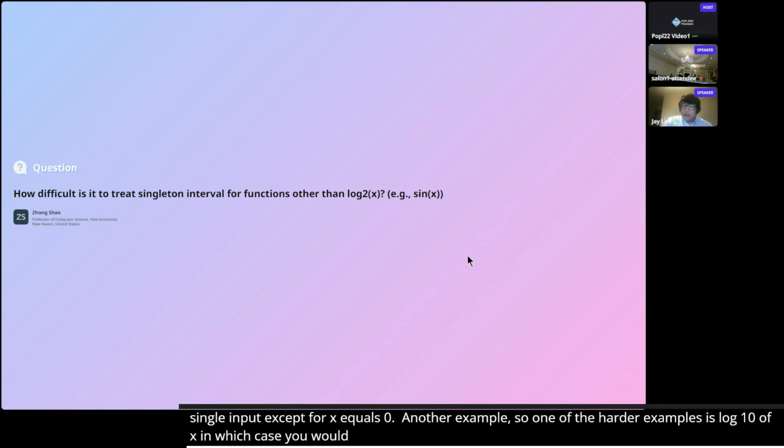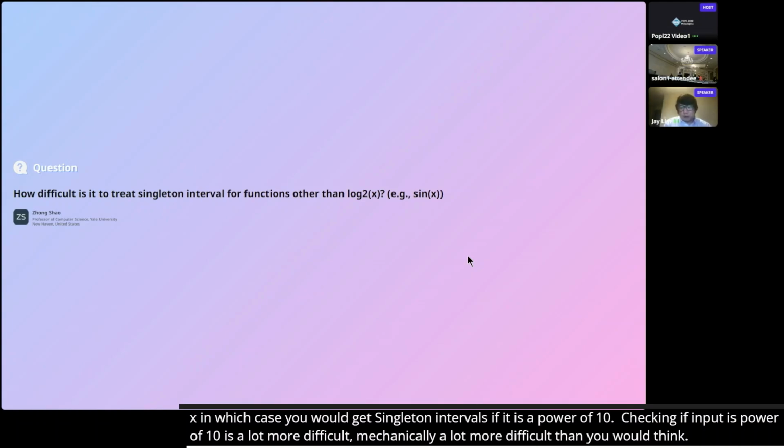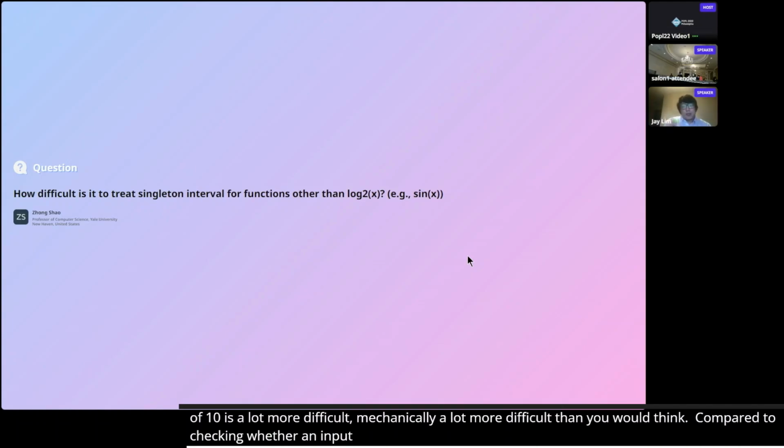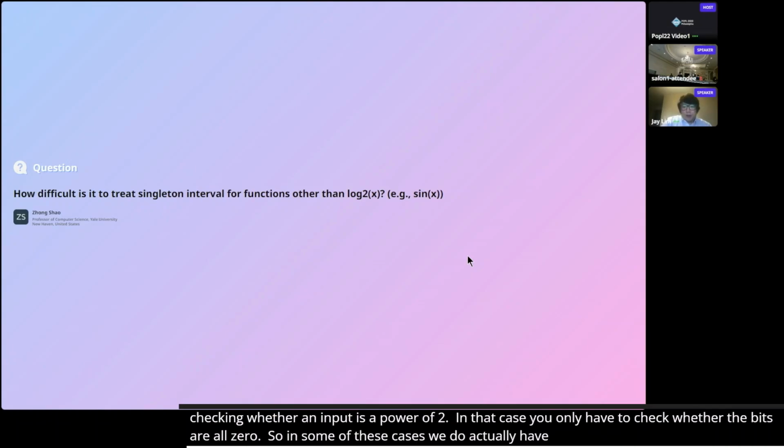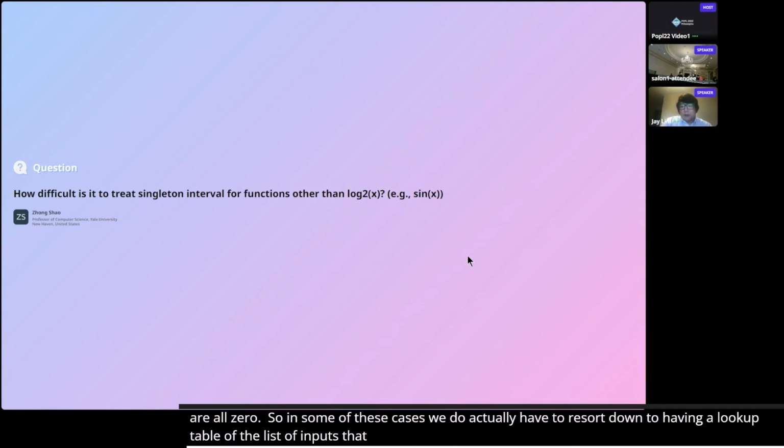Checking whether an input is a power of 10 is mechanically a lot more difficult than you would think, compared to checking whether an input is a power of 2, because in that case you only have to check whether the mantissa bits are all 0. So in some of these cases we do have to resort to having a lookup table of the list of inputs that will produce singleton intervals.